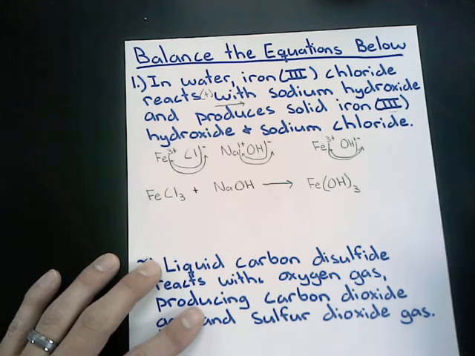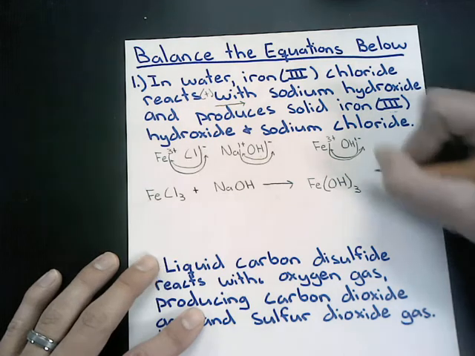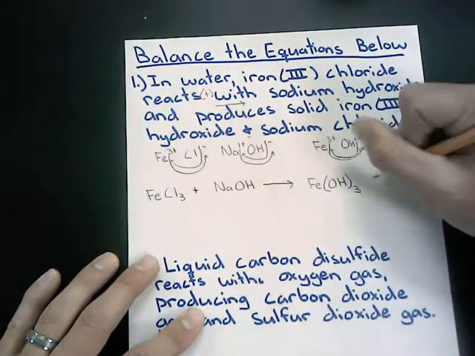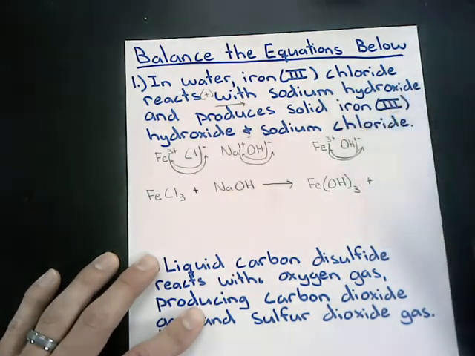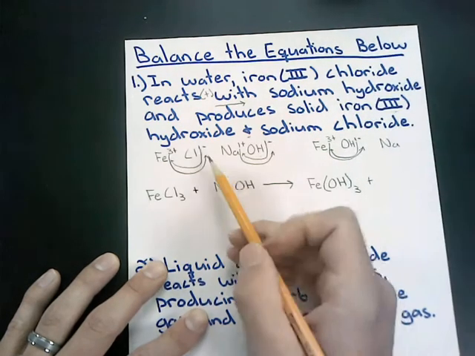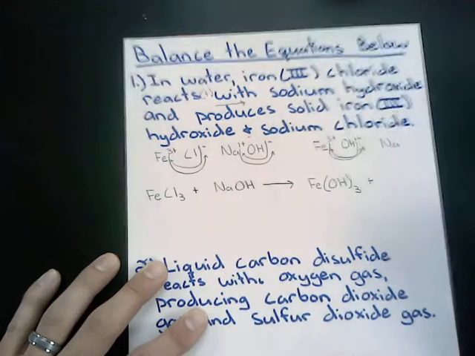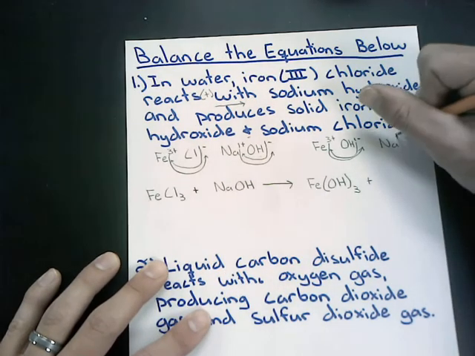Now, our last particular product here is sodium chloride. So again, you see this and symbol, that's another representation of a plus. And sodium chloride, the symbol for sodium is Na. It has a 1+ charge, just like it did on the other side of the equation.